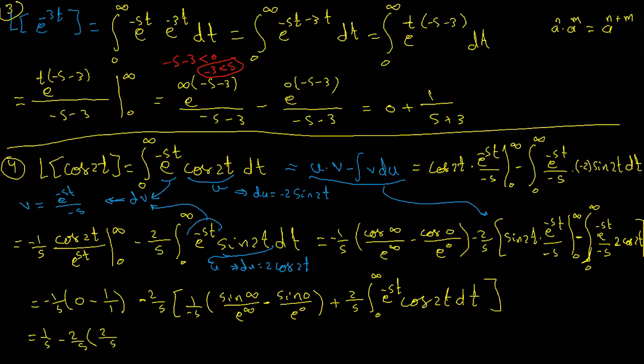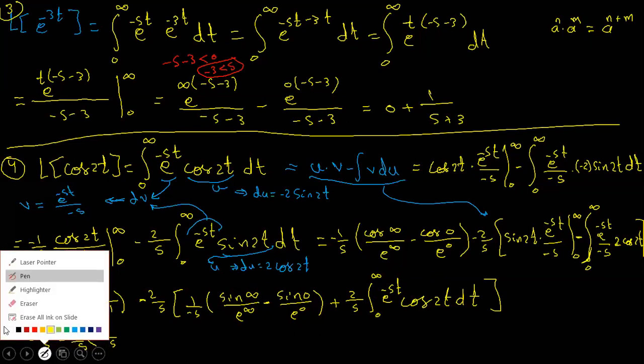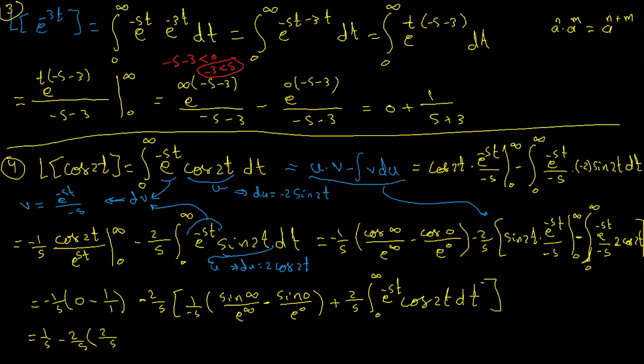What about this integral? How to do this integral? Last integral, how to do it? This one. By parts also. If you do this one by parts, you will spend your time doing integration by parts. Here you have cosine.